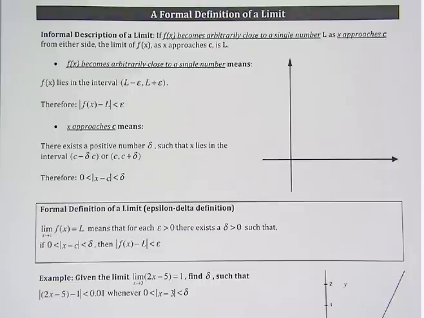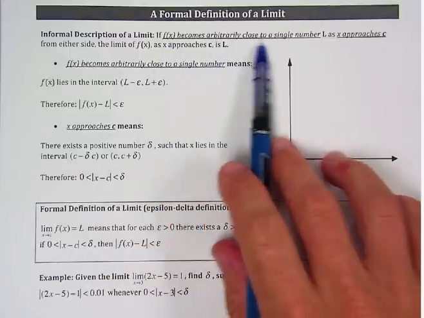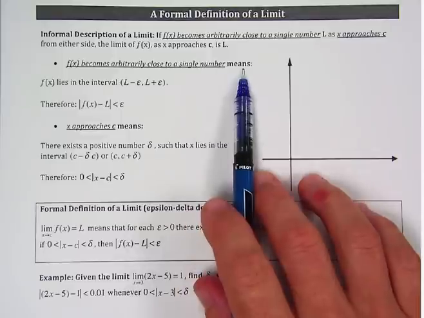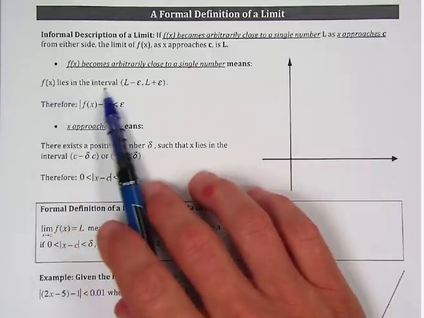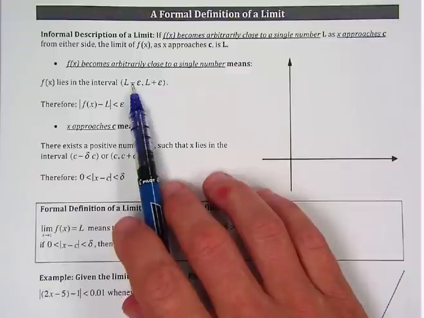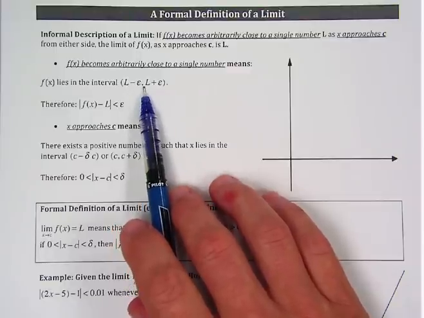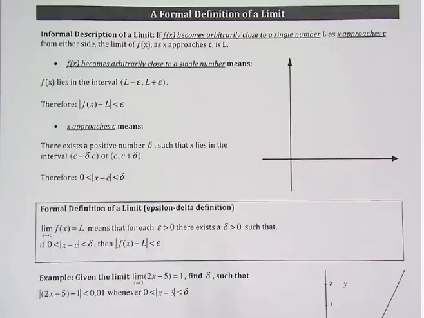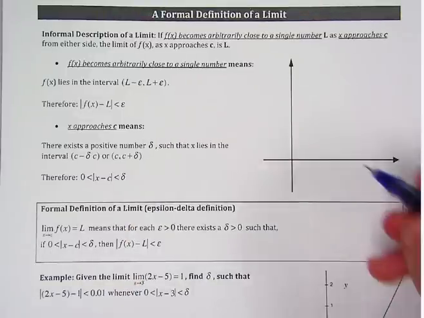Now let's break this down and see what this means. So this first part here, f of x becomes arbitrarily close to a single number, means that f of x lies in the interval L minus some epsilon, comma, L plus some number epsilon. Here's what that looks like.